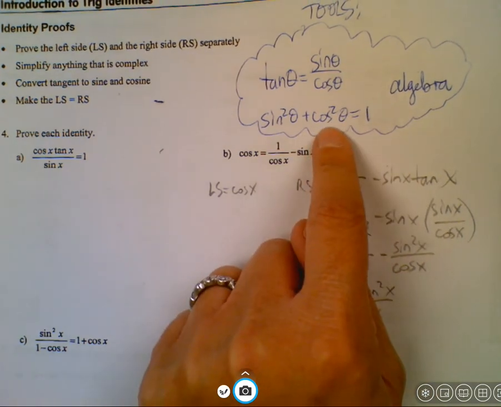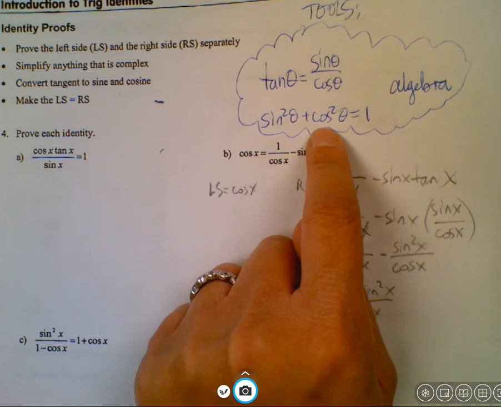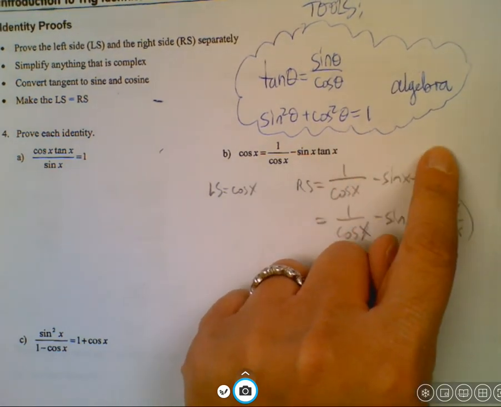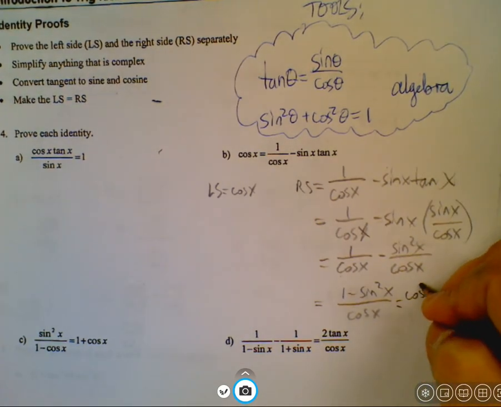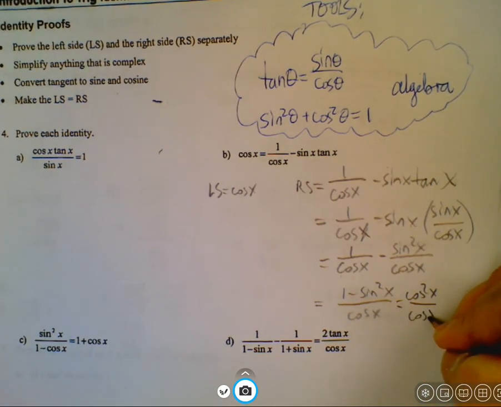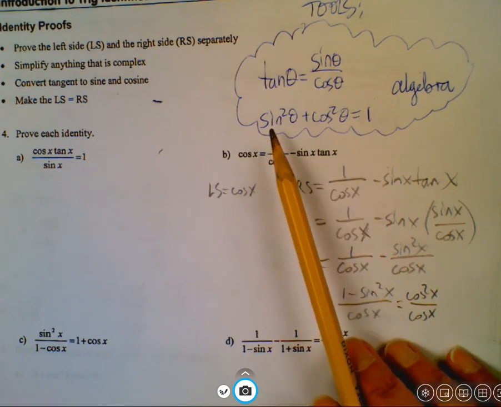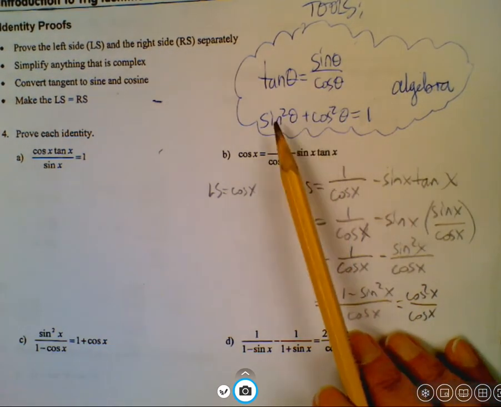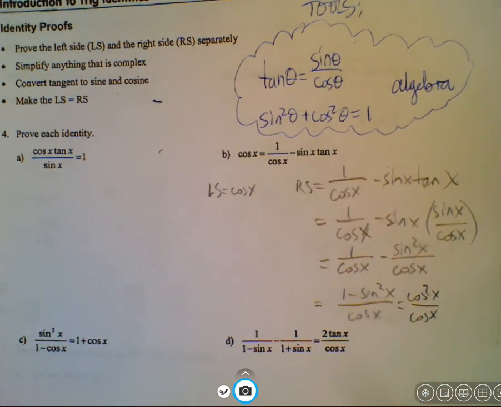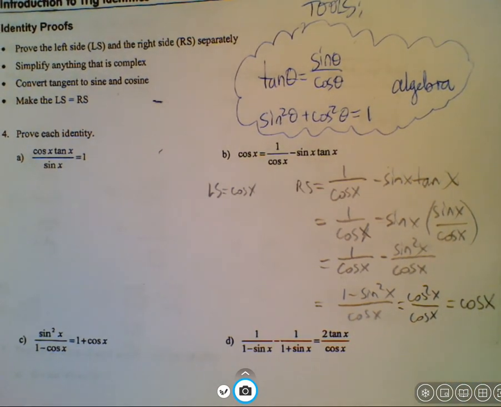And what you end up with is cos squared x. So rearranging this formula gives me that cos squared x equals 1 minus sine squared x. So this is going to be cos squared x over cos x. So notice, it's the same tool. I just had to rearrange it. So all you're allowed to use are in here, but you might have to do some rearranging for whatever you need. And that reduces to cos x.